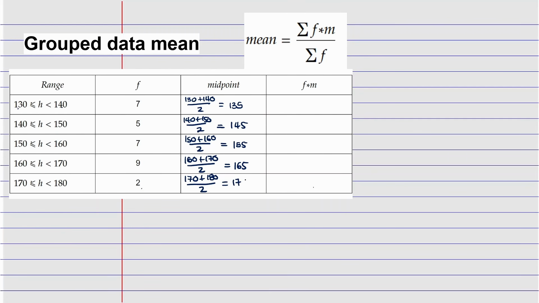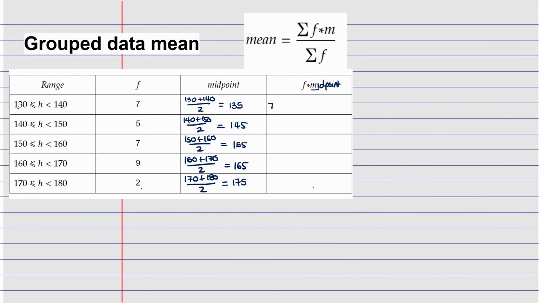So that is the midpoint. This M here represents the midpoint. Now what you're going to do is take the midpoint and multiply it by the frequency.